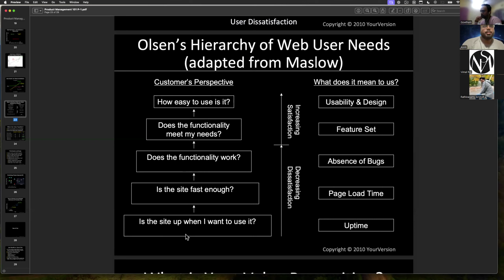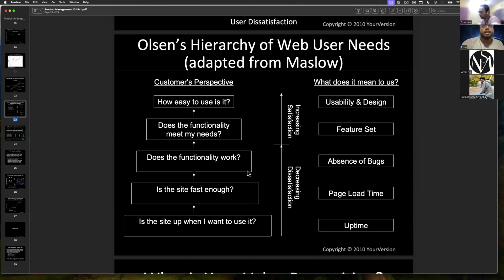It's blocking them from purchasing it, right? So even if you have the perfect product, you still have to prioritize. What I'm trying to say is, let's say there are some features here to improve your Vim's card, and there is some feature here to load the site fast. Which one do you prioritize more?